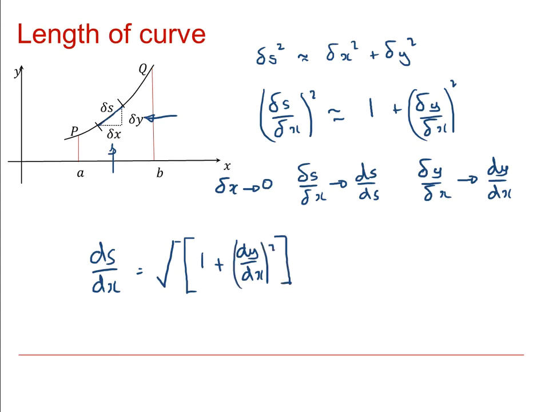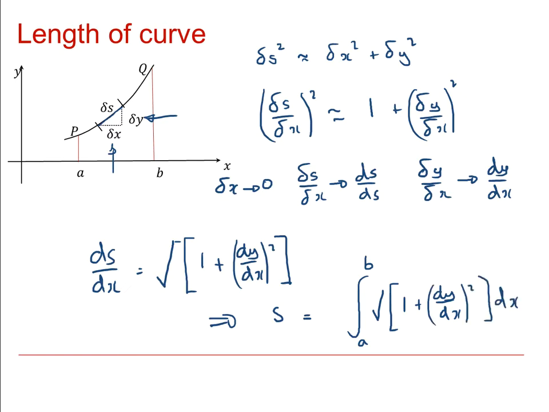Now, to find the actual arc length between two values, let's say a and b, we then have to integrate both sides of this equation with respect to x. So that gives that the arc length s will be equal to the integral from x equal to a up to x equal to b of the square root of 1 plus (dy by dx) all squared dx.